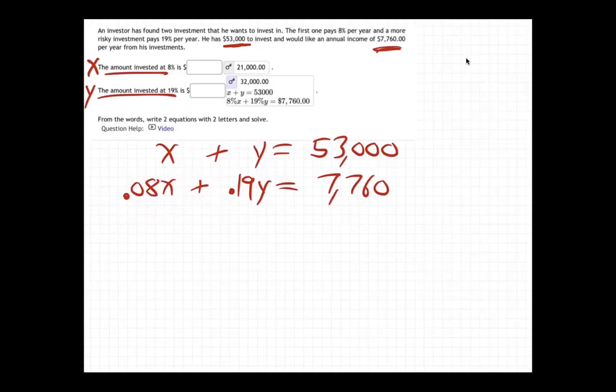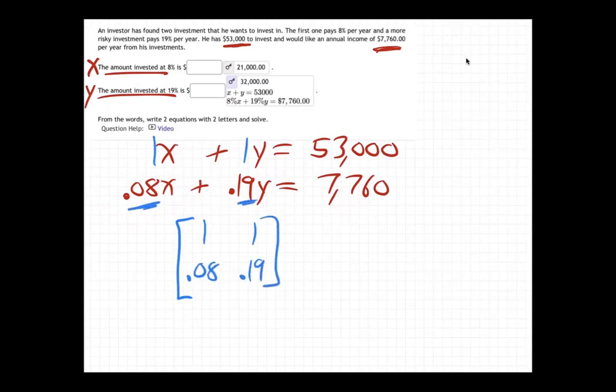Now, we could solve them by hand. I'm going to go ahead and use a matrix to solve, but you could do it by hand. How would you do it with a matrix? Well, you would make a matrix first off, and there's a 1, a 1, a 0.08, and a 0.19.